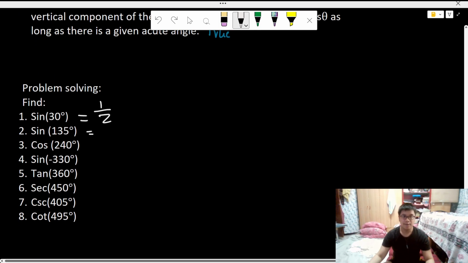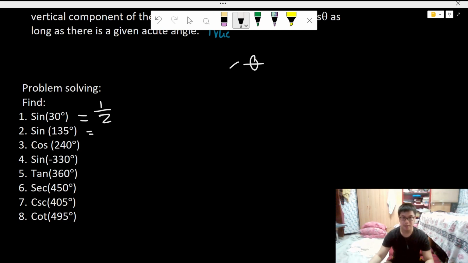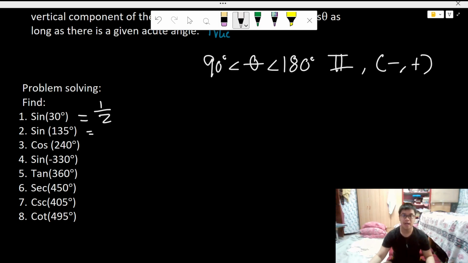If the angle given is greater than 90 degrees but less than 180 degrees, then it is in the second quadrant. And if it's in the second quadrant, your ordered pair would be negative and positive, meaning your x value is negative and your y value is positive.